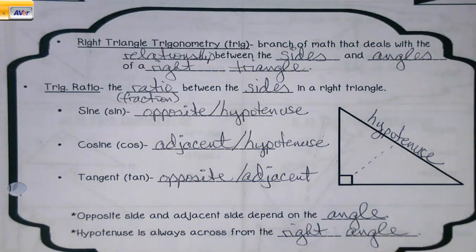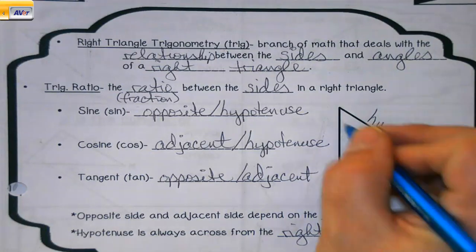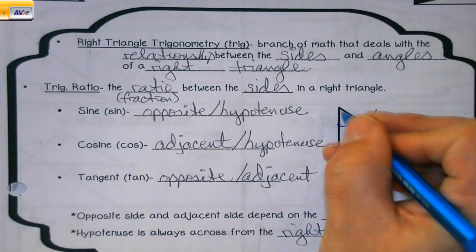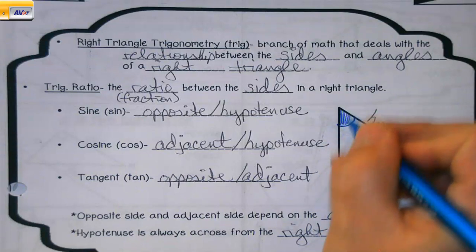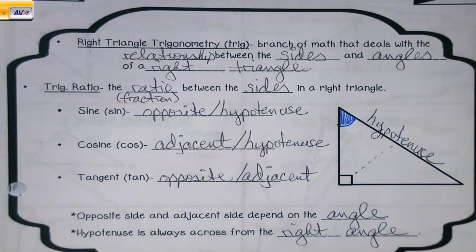Always in the same place, no matter what angle we're starting at. However, with our adjacent and our opposite, it's going to depend which angle I start with. This is where we're going to bring the colors into play. So take one of your colors, color in this first angle. That is what's called our reference angle.